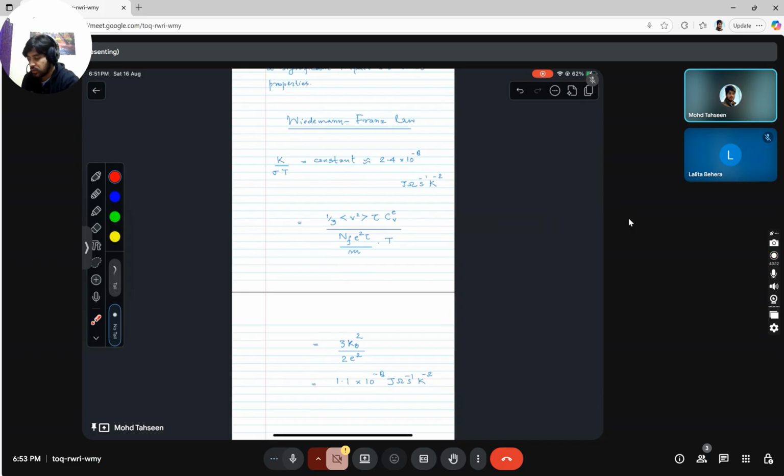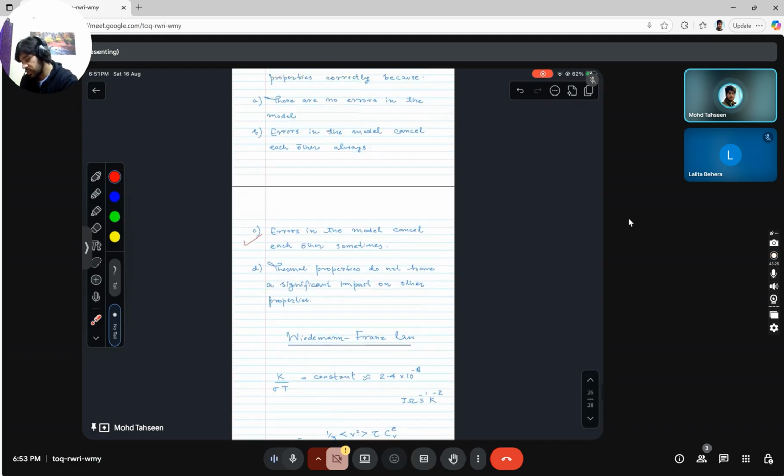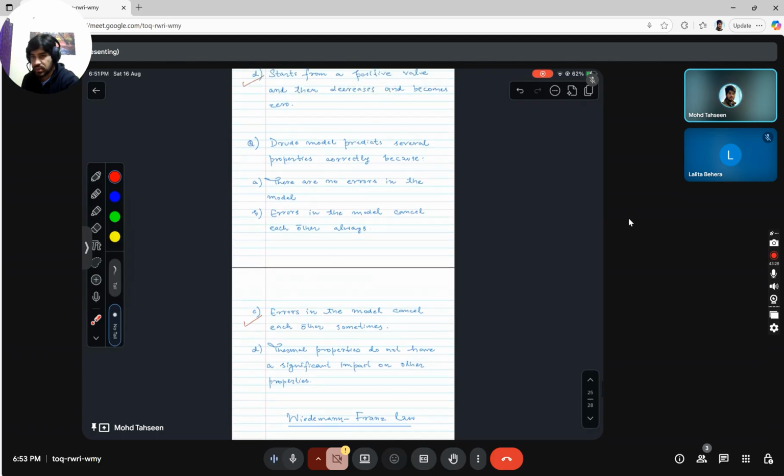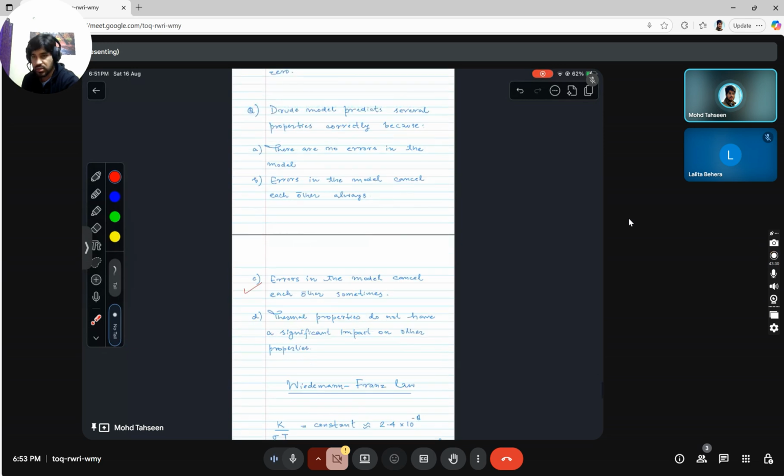Basically, all the limitations of this model go away in this particular case, so the value that we get is very close to the experimentally determined values. But this cannot happen always. This is one lucky situation where it all works out. So the correct option is that the errors in the Drude model cancel each other sometimes, but not always. That's why for some quantities we get a good prediction, while for others the prediction is not as accurate.